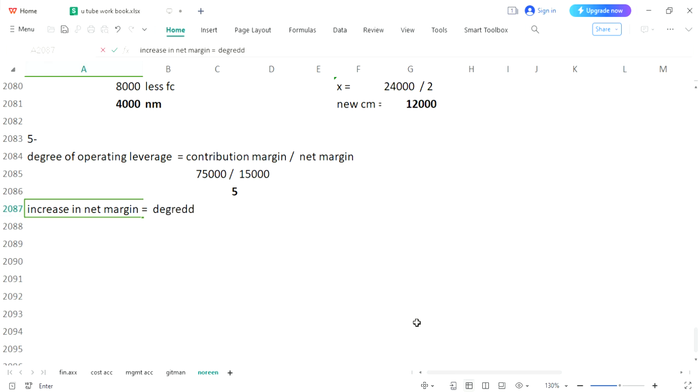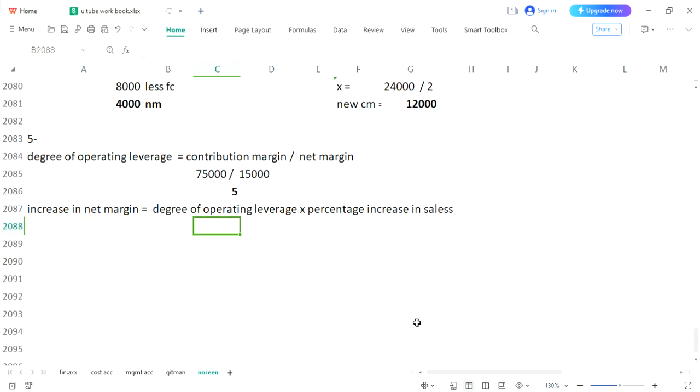Degree of operating leverage would be multiplied by percentage increase in sales. Degree of operating leverage we have calculated is 5, and it would be multiplied by increase in sales, which is mentioned as 20%.